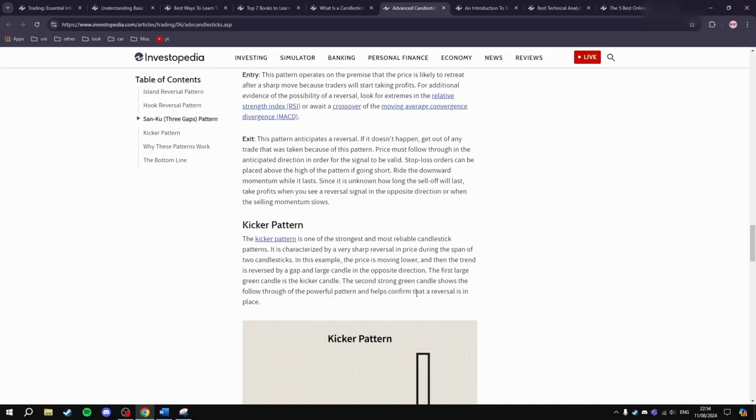For additional evidence of the possibility of reversal, look for extremes in the relative strength index or await a crossover of the moving average convergence divergence, or MACD.